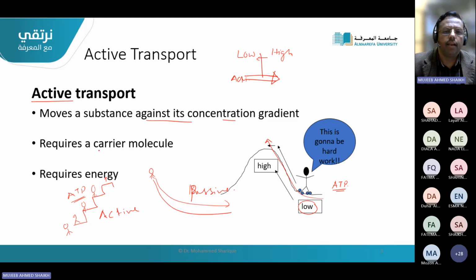Then it requires a carrier molecule, it has to be through some carrier molecules. And it requires energy, it requires ATPs. These three things are there for any mechanism to be called active transport. You can remember this picture of a hill, and you want to go from the bottom to the top. It requires a carrier molecule, someone should take you there, and it requires energy.